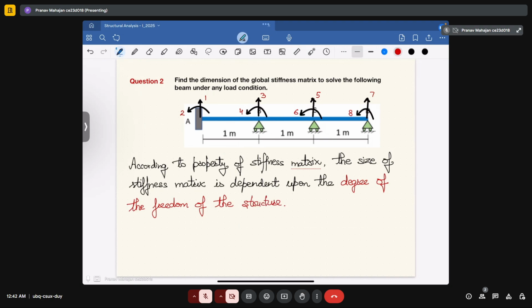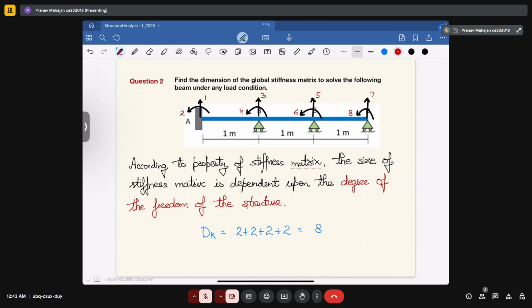So if I calculate dk in this case, so dk will come out as 2 plus 2 plus 2 and 2, that means equal to 8.